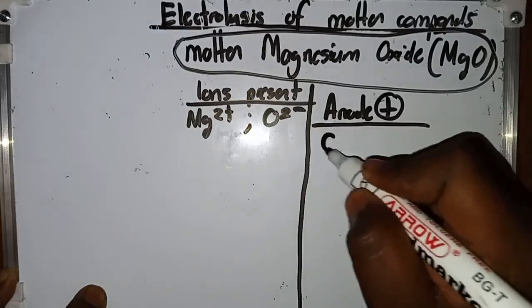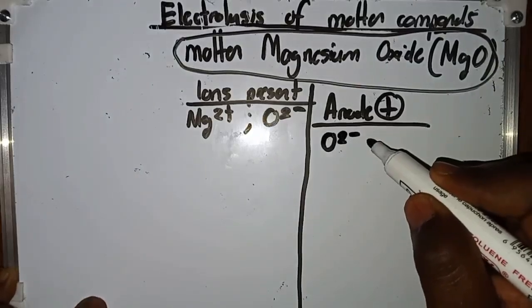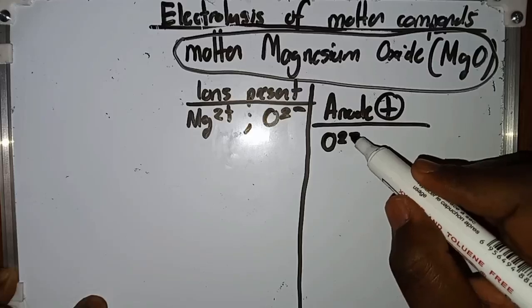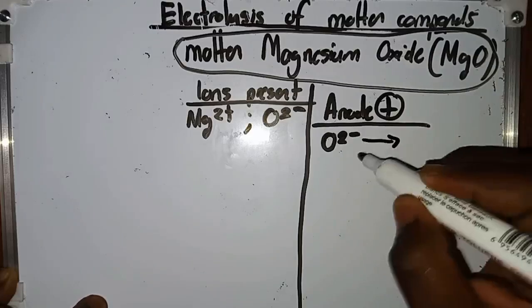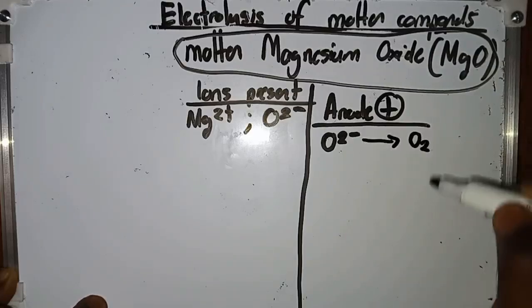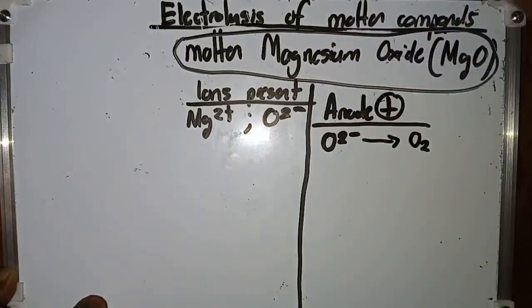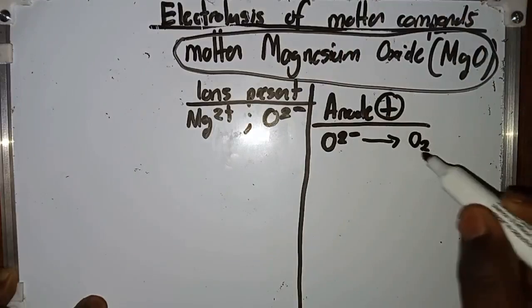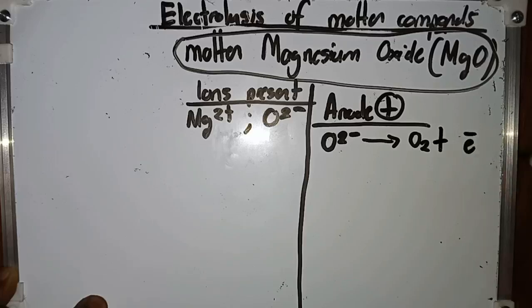So we say O2- to give what? If the ion is negative, the electrons are formed where? At the right hand side, to give its element. Oxygen is diatomic, plus electrons. We don't know how many electrons yet.